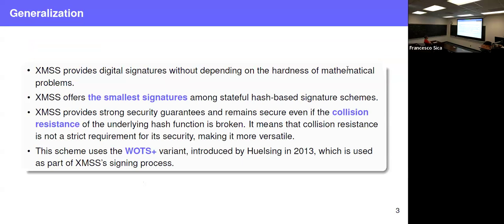It also offers compact signatures and strong security, even if collision resistance is broken. It uses Winternitz's construction as its base, and then creates a Merkle tree on top of the one-time signatures.